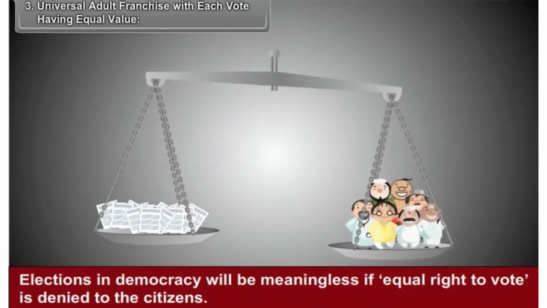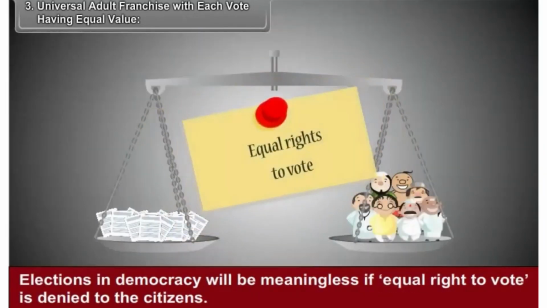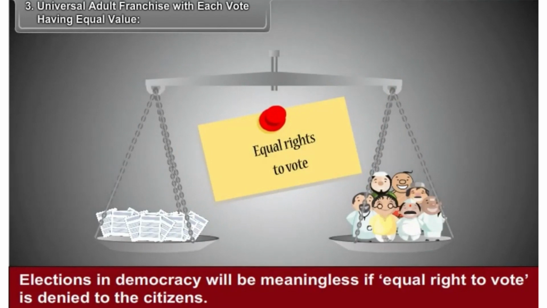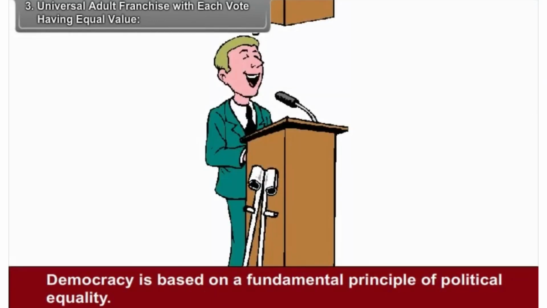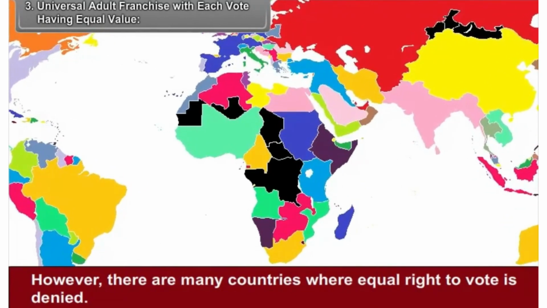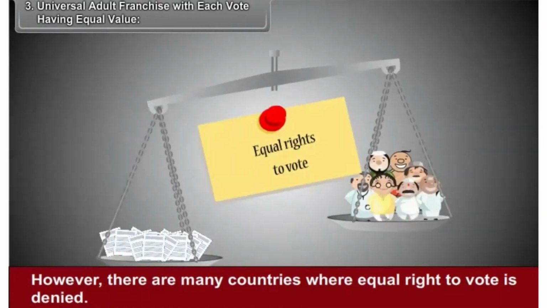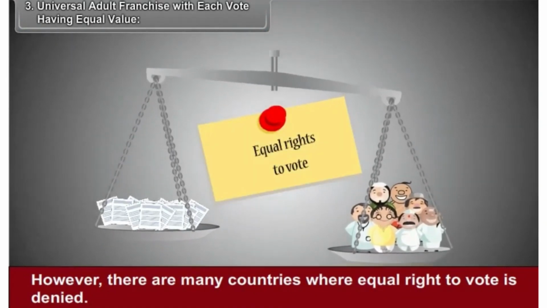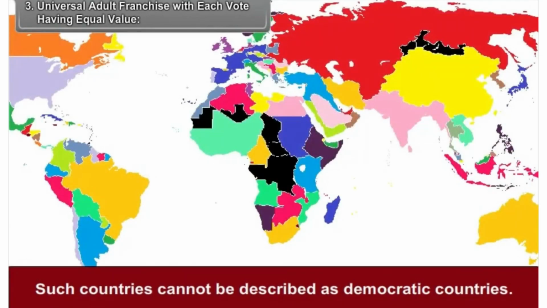Elections in democracy will be meaningless if the equal right to vote is denied to the citizens. Democracy is based on a fundamental principle of political equality. However, there are many countries where the equal right to vote is denied. Such countries cannot be described as democratic countries.